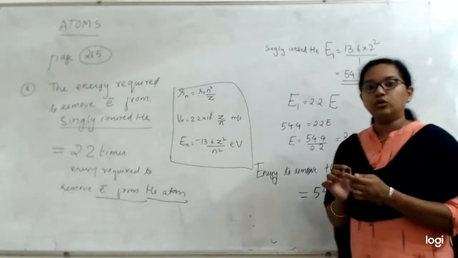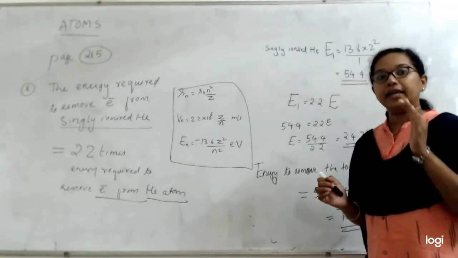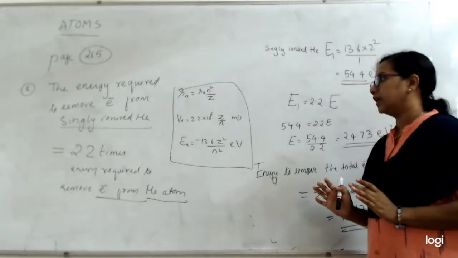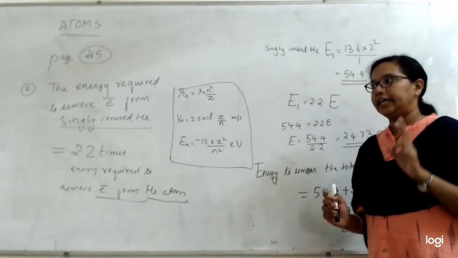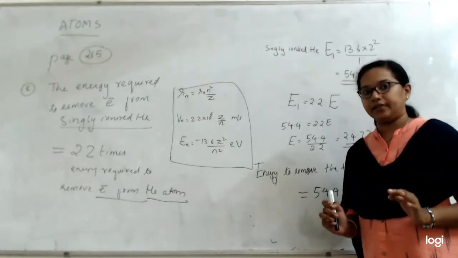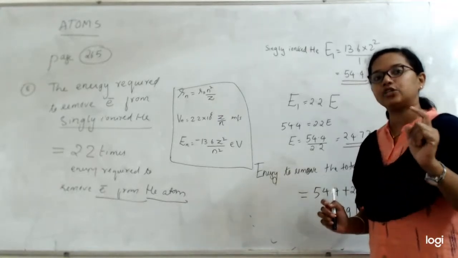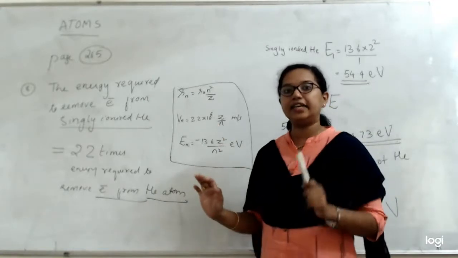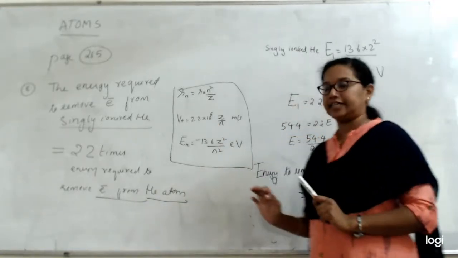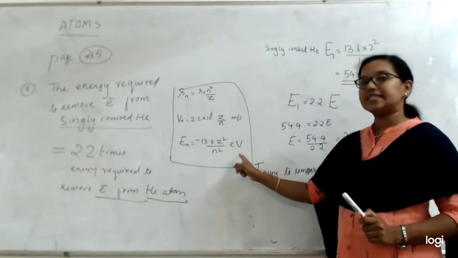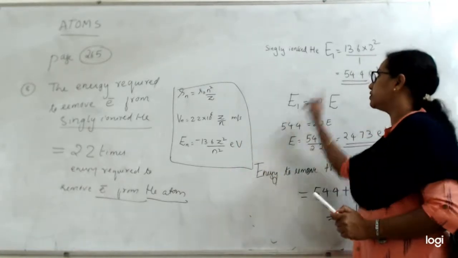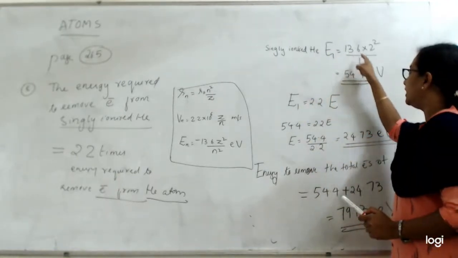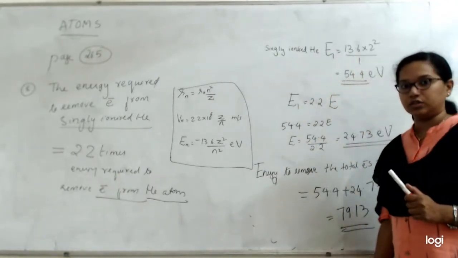I need to repeat it. We are talking about the energy of a helium atom. We have helium and singly ionized helium. Singly ionized helium means one electron is gone, so it resembles a hydrogen atom. So I can use the same equation to find the energy. First I did singly ionized helium. The energy E1 is 54.4 electron volt.